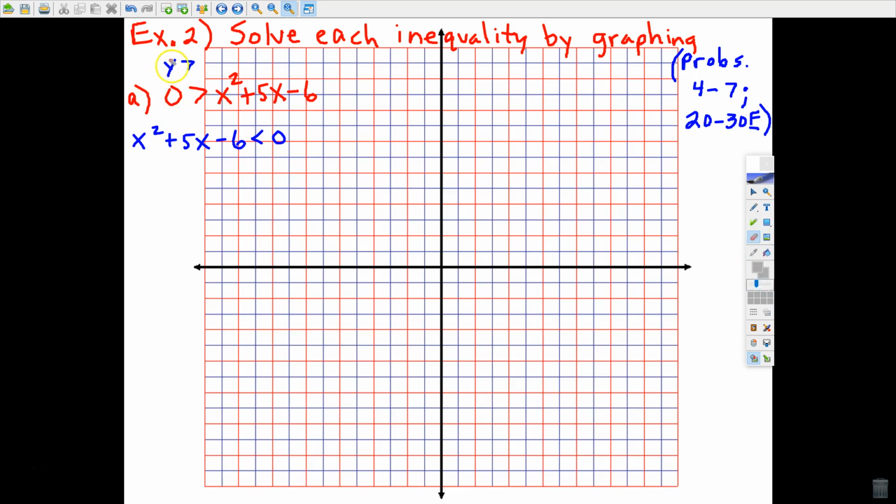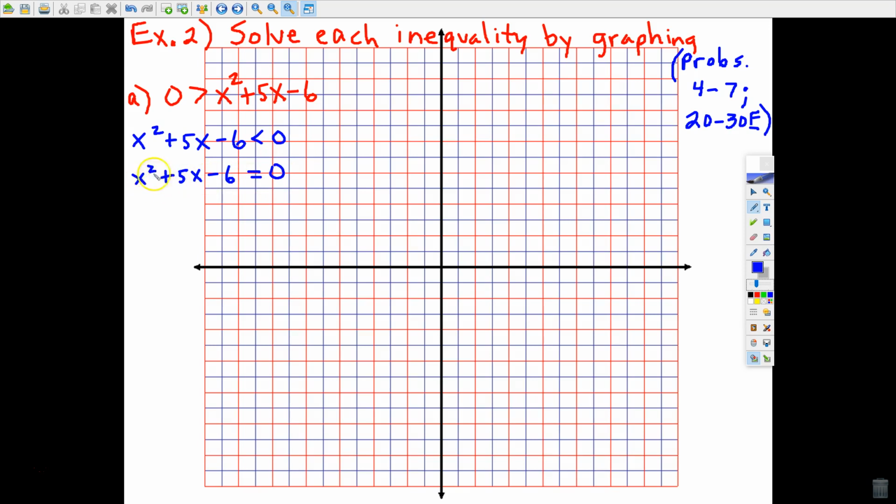Well, now that the quadratic is less than 0, we want to first begin by thinking about solving the equation, because it's the solution of this equation that represents the x-intercepts, if there actually are any x-intercepts on this graph.